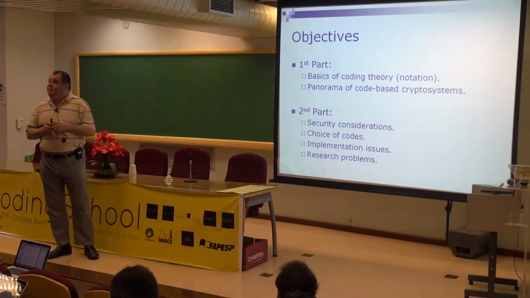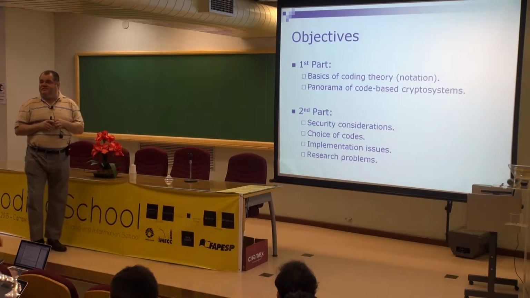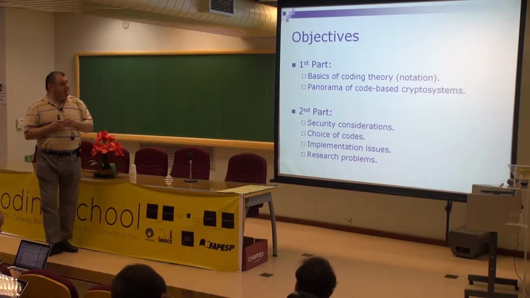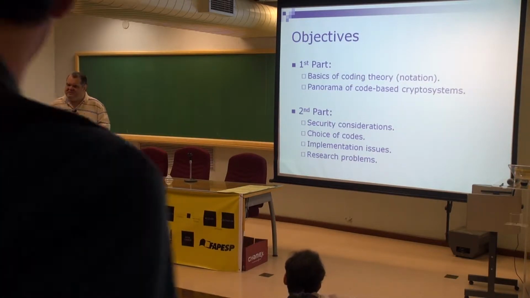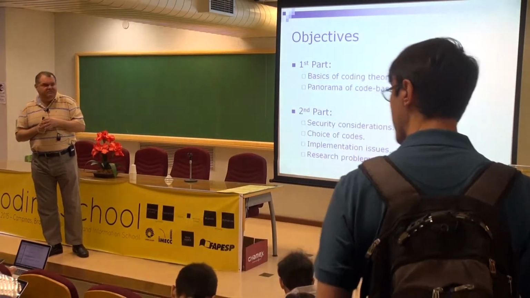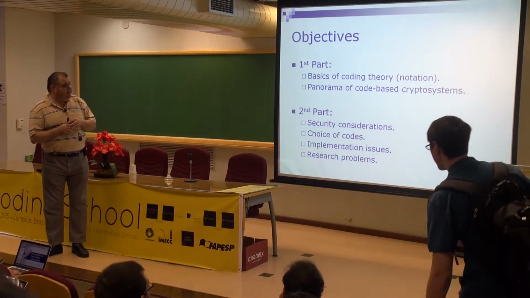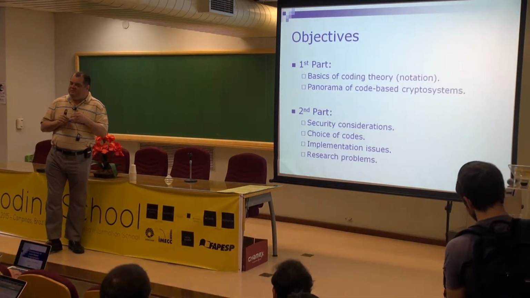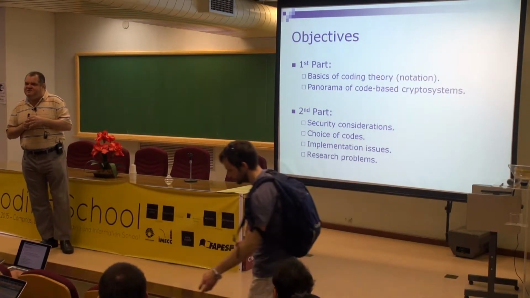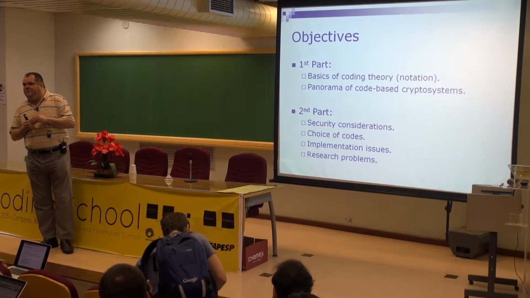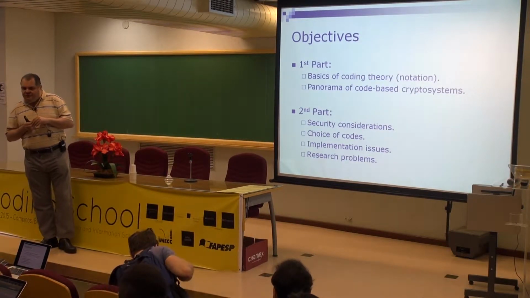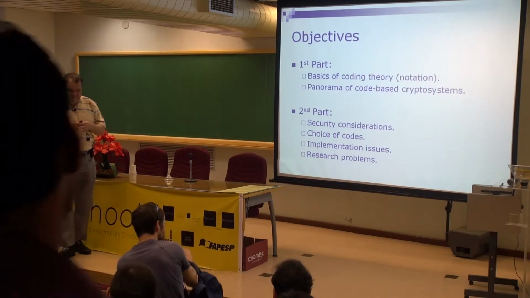Just to recap our objectives in this mini course, our learning goals, so to speak. Yesterday, our goals were just establishing notation for the rest of the course and having a panorama of cryptographic schemes that have been proposed and whose security stems from intractable problems related to coding theory.